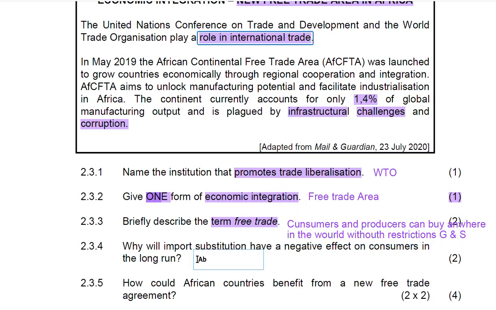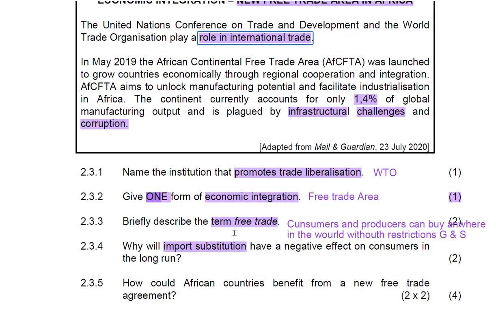And then we're going to move to 2.3.4. Why will import substitution have a negative effect on consumers in the long run?